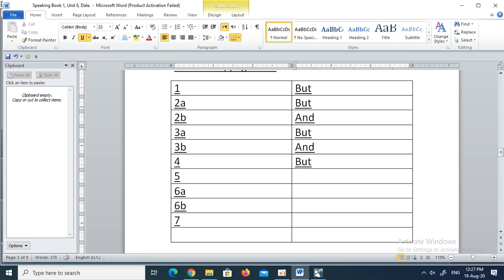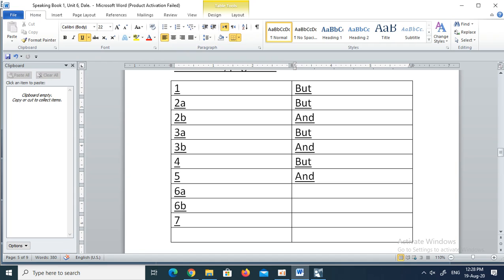Mr. Marcus is a very good businessman. His products are excellent and his prices are fair. Number 5 is and. All right, over the page on number 6.